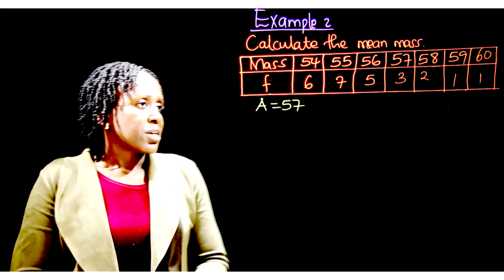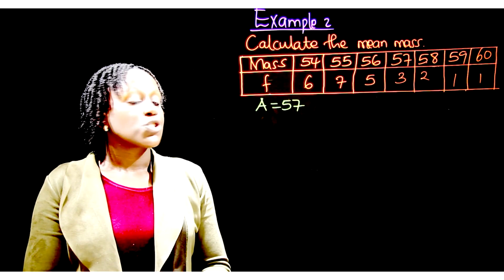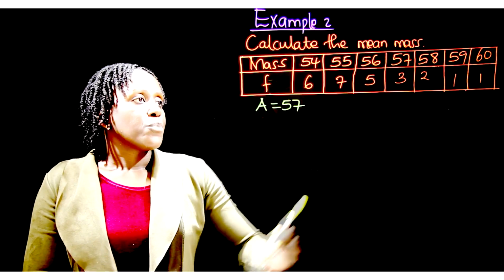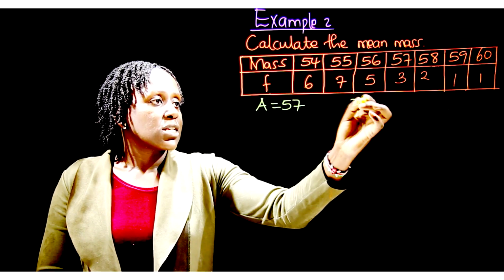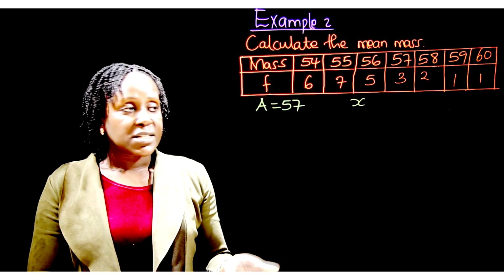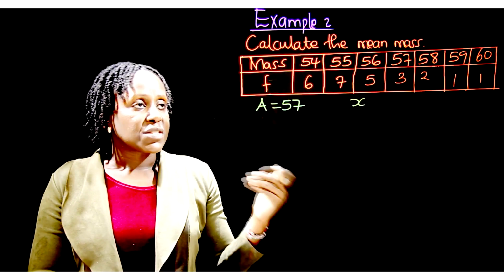Now we're going to start by creating another table so that you can calculate all the data that is required. The first column is x. The mass provided here represents x. The data entry is given.